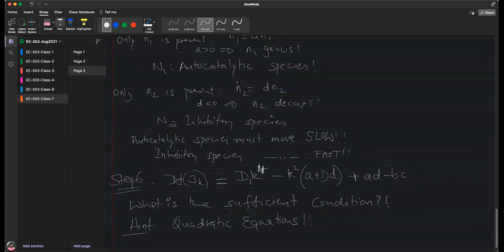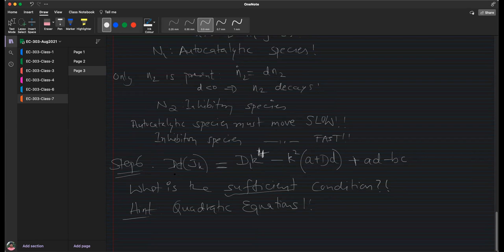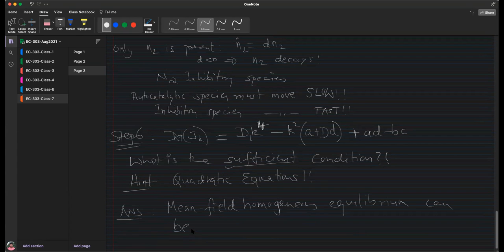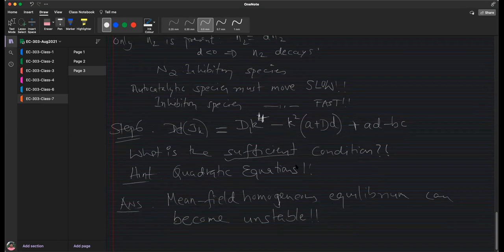By the way, it is indeed possible to find conditions under which the determinant does become positive and does become negative, which basically means that this mean field homogeneous equilibrium can, under some conditions, become unstable to heterogeneous perturbation. So it is indeed possible when you have two species, as some of you have guessed.